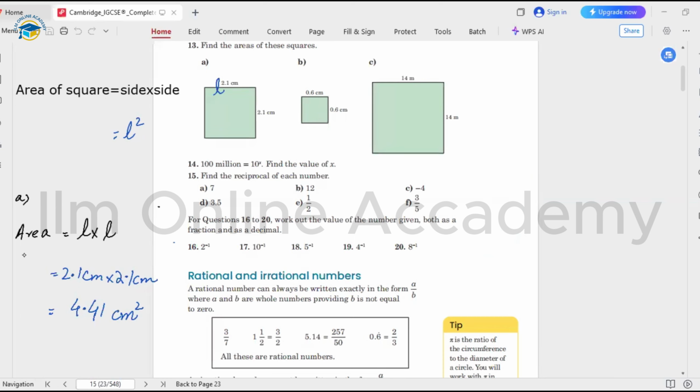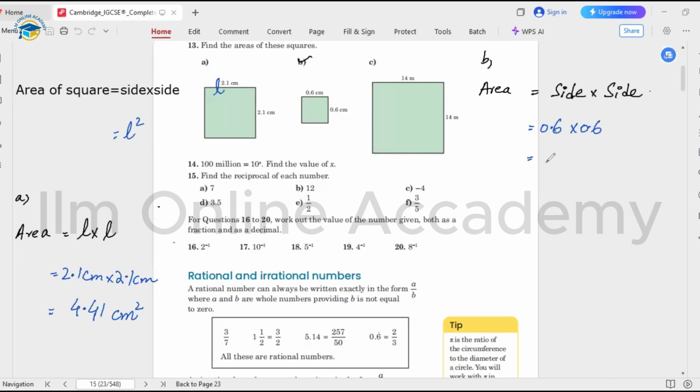Let's go on with part B. In part B, they gave us the square with 0.6 and 0.6 side lengths. So again, we need to find the area of the square. That will also be side times side. One side length is 0.6 and the other side length is also 0.6.